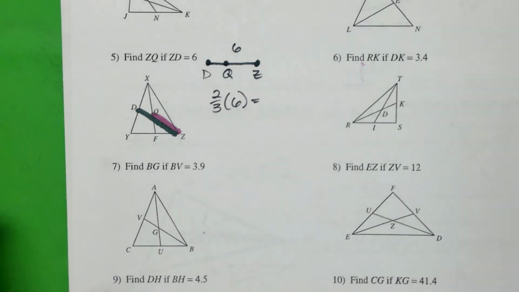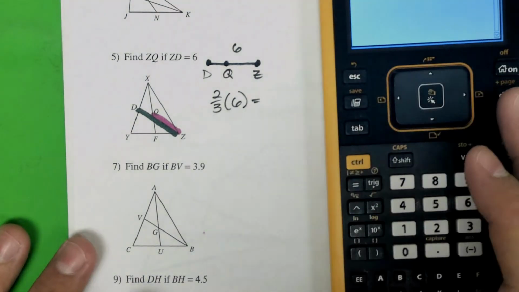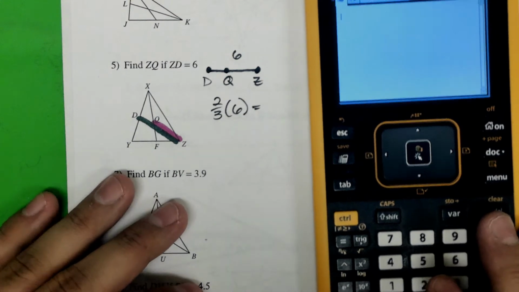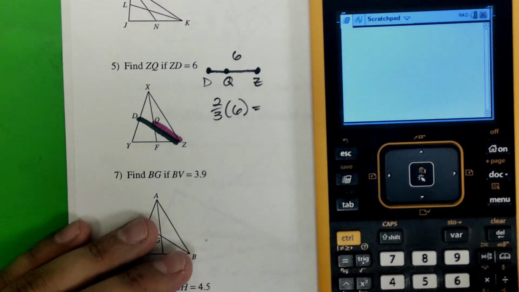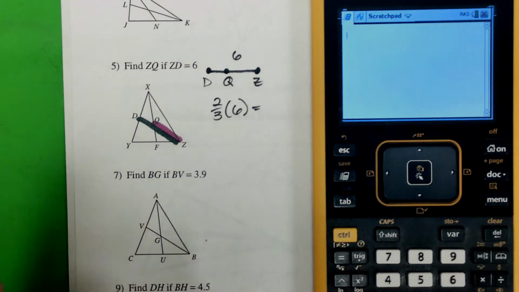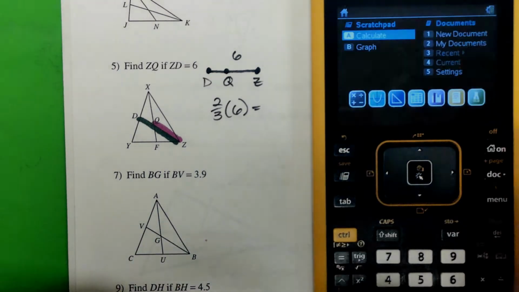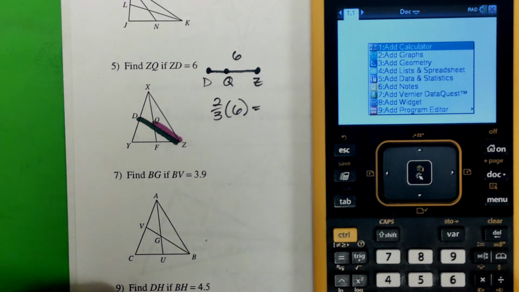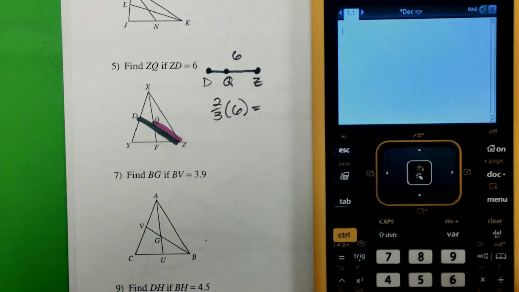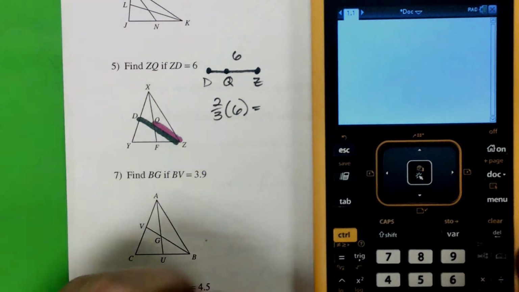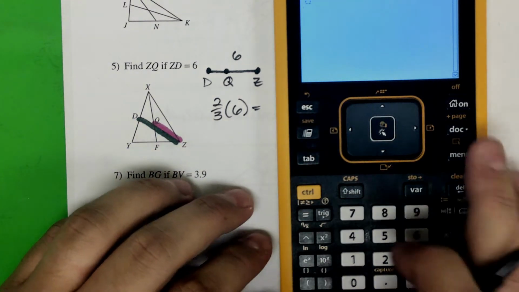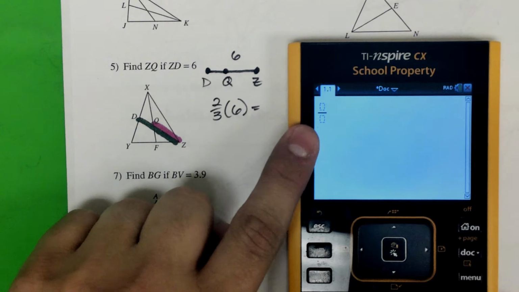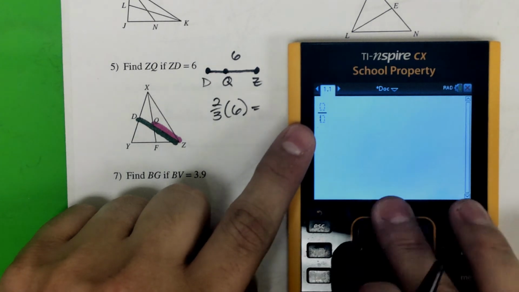Reminder here, I'm going to get a calculator. When you are on this screen, if you go to calculate, you can either go to calculate, or if you go to a new document and add calculator, that's what you're going to need. Now, to get a fraction, you can hit Control and then the divide button, and it's going to pop up with this little fraction bar, but you're going to have to move in and out of that.